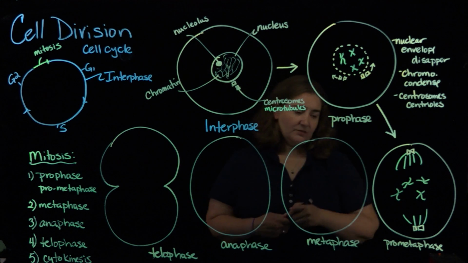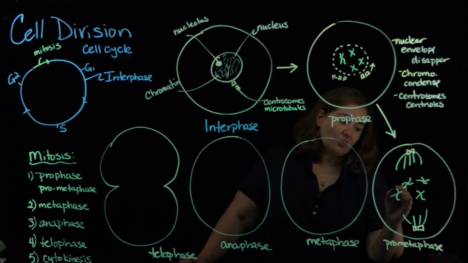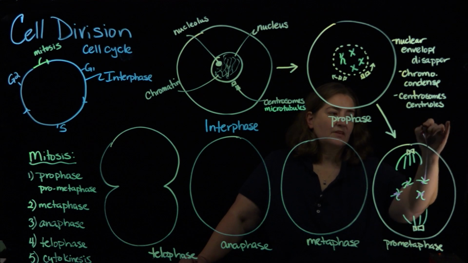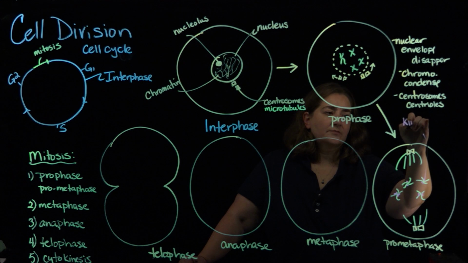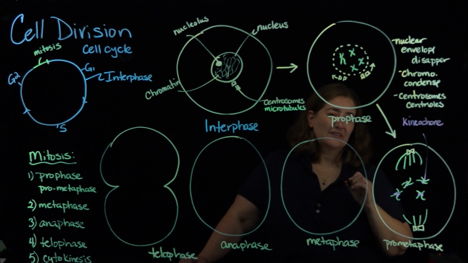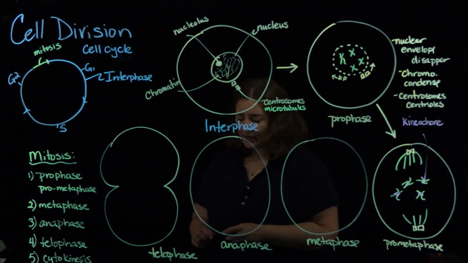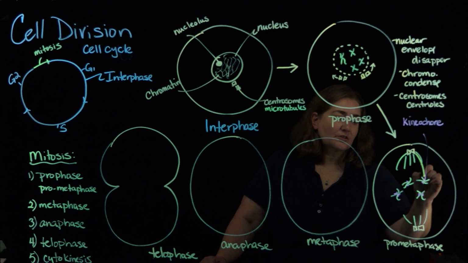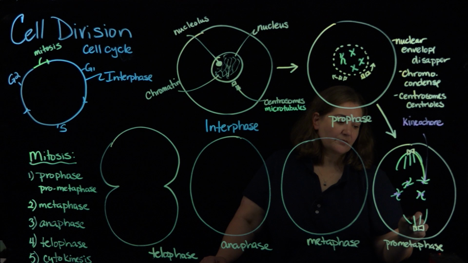There's going to be a specialized structure on our sister chromatids that's going to occur at the centromere. I'm drawing that in pink there. That's going to be our kinetochore. The kinetochore now is going to be where our microtubules are going to start to attach.